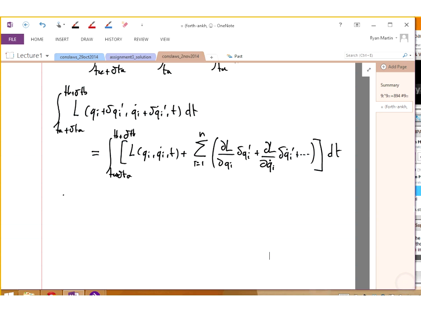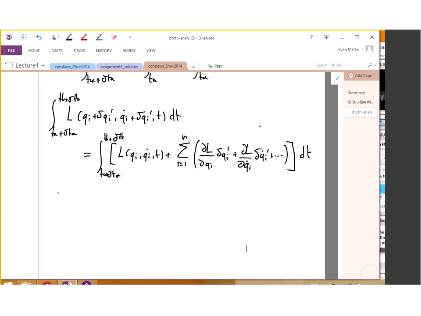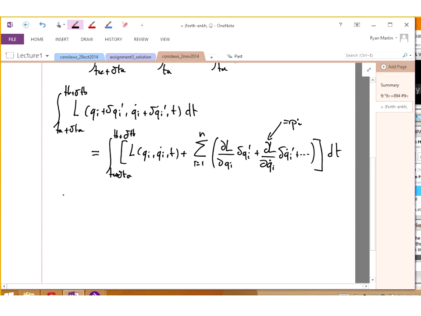Remember from the Euler-Lagrange equation that ∂L/∂q_i dot, this thing here, is actually equal to p_i.